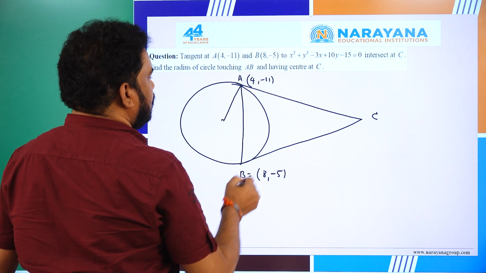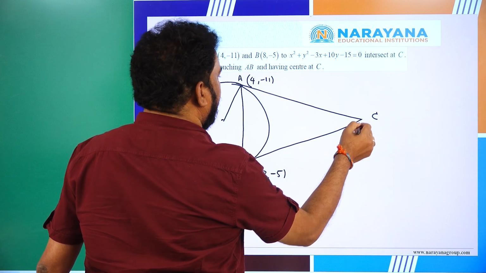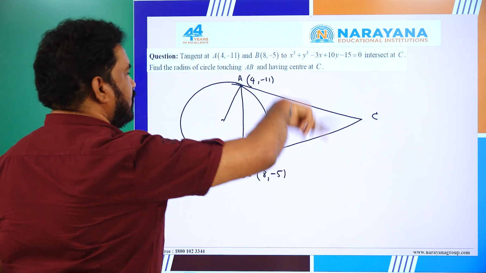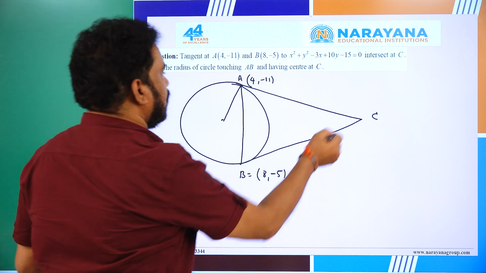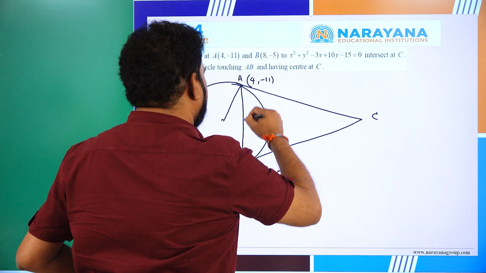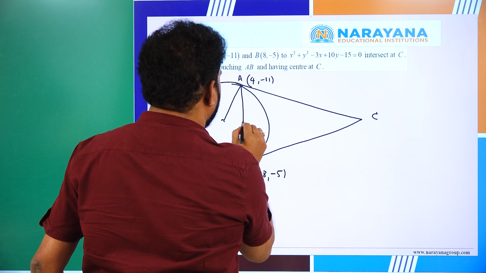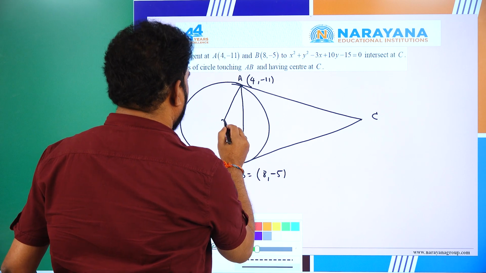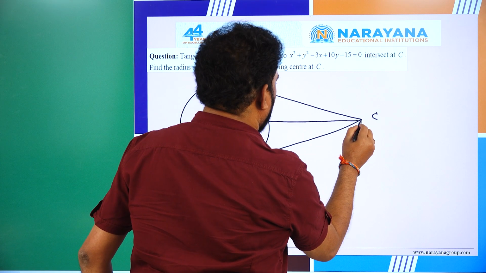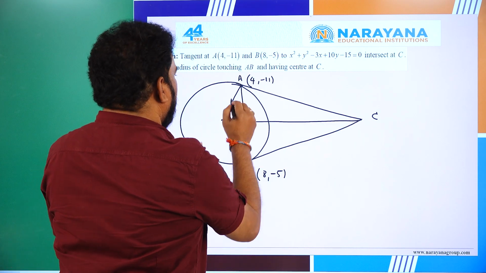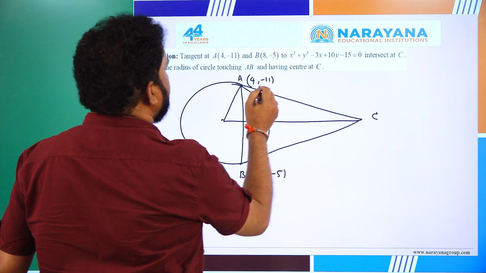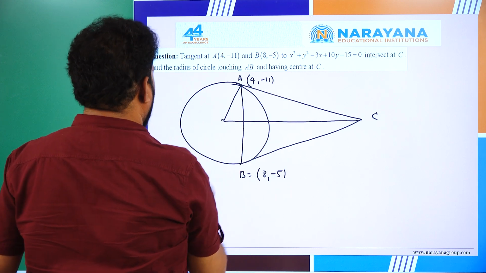The question is about the circle with center C which touches the chord AB. If you join these two points, what is the center of the circle? What is the radius of the circle?